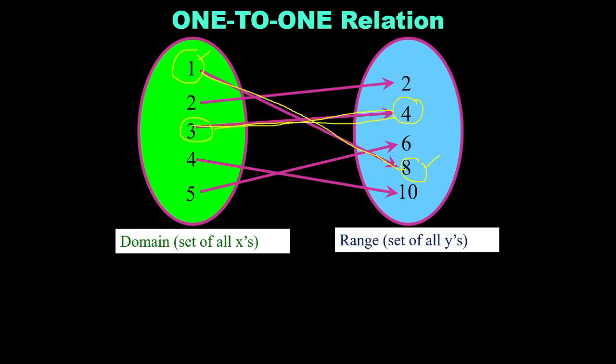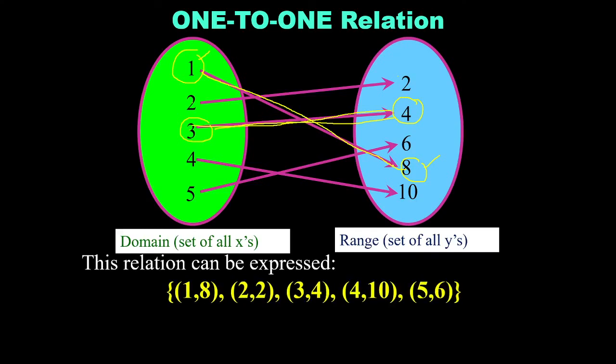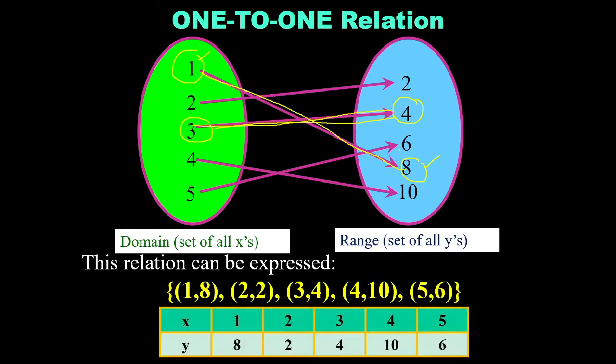Now, we can write this also as an ordered pair. We have already discussed that. So this is the ordered pair (1, 8), (2, 2), (3, 4), (4, 10), (5, 6). And we can do that also using a table of values.